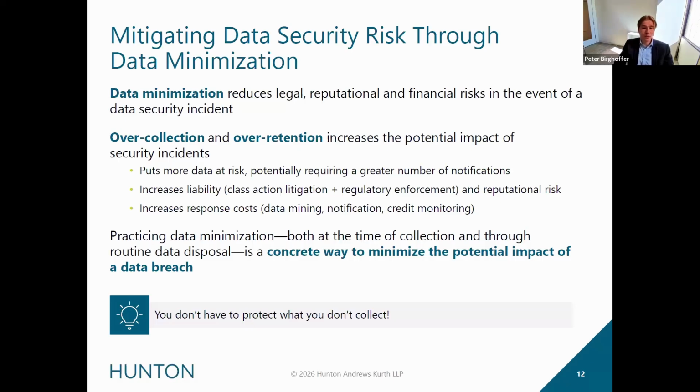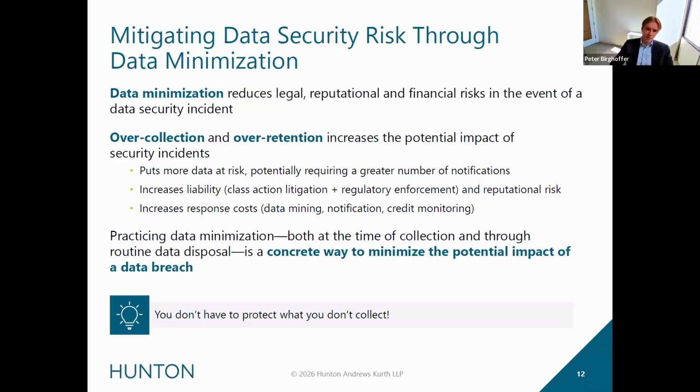But if your organization is good at reducing the amount of data it maintains, and this includes duplicate data, it can reduce the potential impact of a data breach. If an incident occurs, a larger pool of affected data and individuals complicates the response. In other words, you can think of data minimization as one of many safeguards organizations should implement to help reduce the likelihood and the impact of a cybersecurity incident.